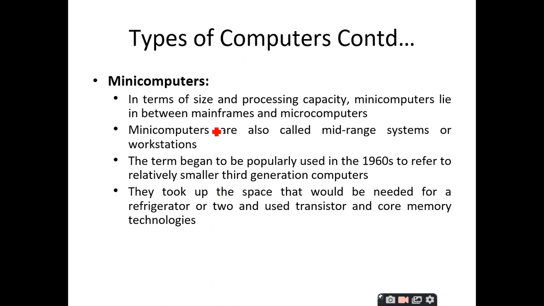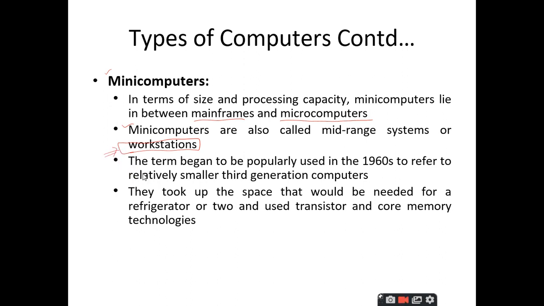We know what these mainframes are, but we will see these microcomputers in the next discussion. But you just understand that these mini computers have the processing capability which lies in between the mainframes and the microcomputers. So, we call these mini computers workstations also. You might be hearing this term when you go to a software industry.